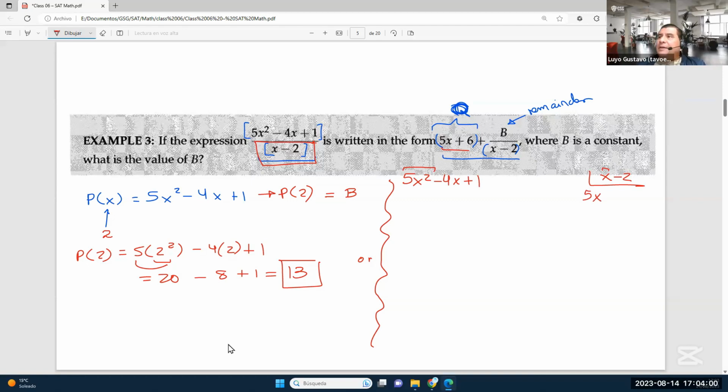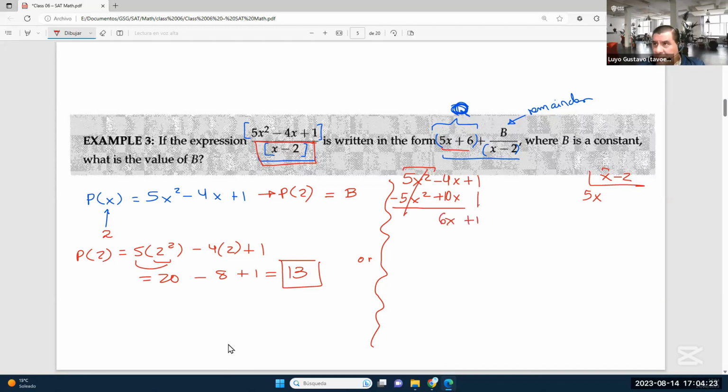Now multiply 5x by x minus 2 and subtract it from the original polynomial. So let's do that. 5x times x, here subtracting negative 5x squared. 5x times negative 2, that is negative 10x, but we are subtracting, so change the sign, 10x. And that's it. Let's do the subtraction. Here you have 6x plus 1.